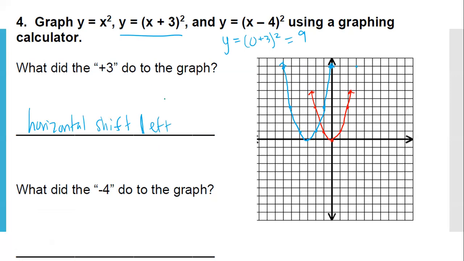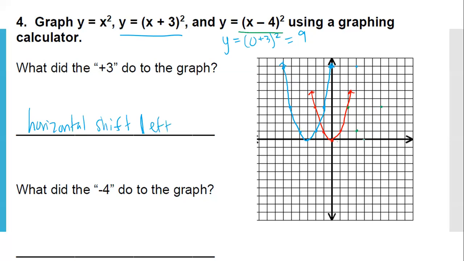Okay. So if the plus 3 caused me to go to the left, what is the minus 4 going to cause me to do? Go to the right. I'm going to take every point and move it to the right. So we have 1, 2, 3, 4. 1, 2, 3, 4. 1, 2, 3, 4. 1, 2, 3, 4.